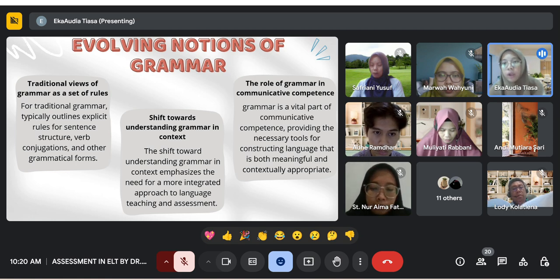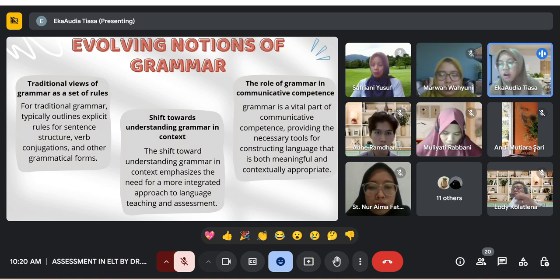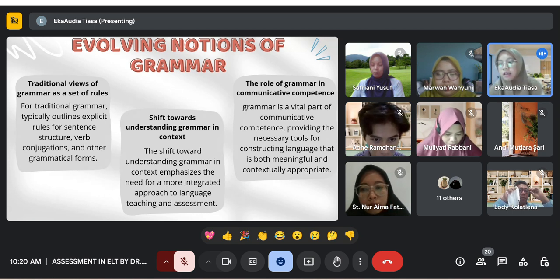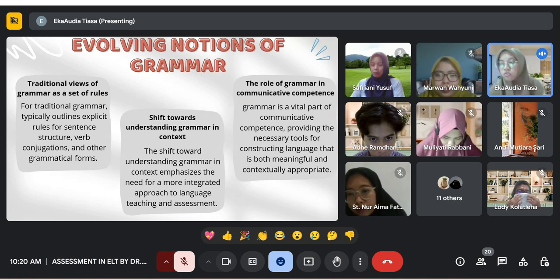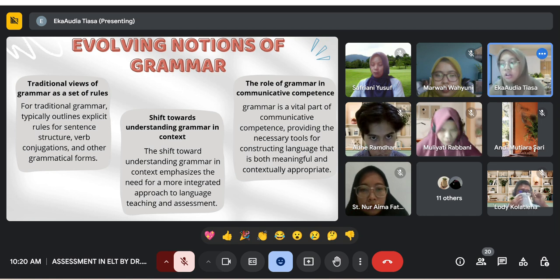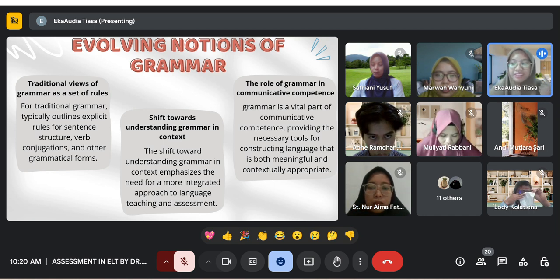So, grammar plays a crucial and multifaceted role in communicative competence, serving as an essential element for effective language use. The first role is that grammar enables speakers to convey their thoughts and intentions with precision.